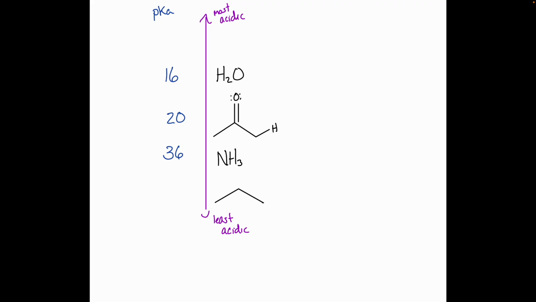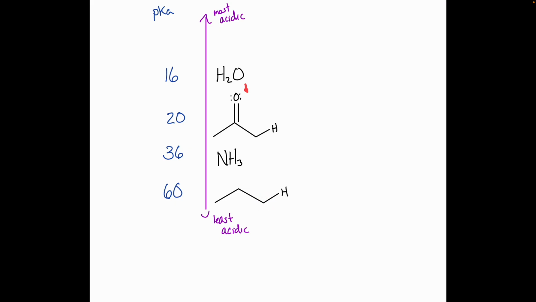So now if instead of looking at acetone, I look at propane, where I'm again removing a hydrogen from a carbon atom, this has a pKa of around 60. Which basically means it's impossible to remove a proton from an alkane. So most carbons hold on to their hydrogens very, very tightly. It's very difficult to deprotonate a regular old carbon.